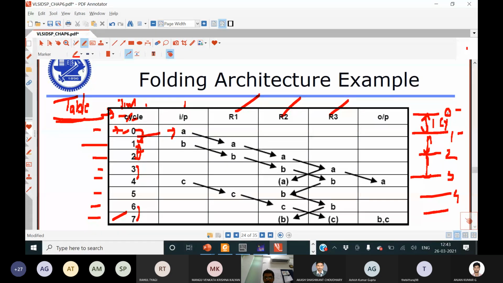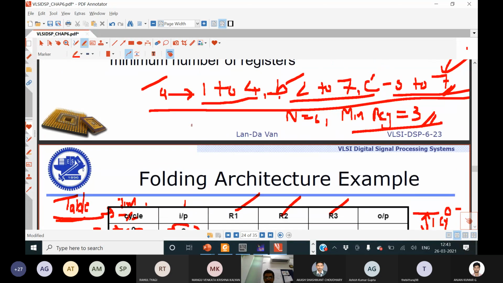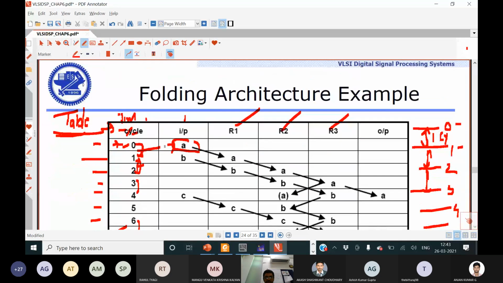Now from 0 to 1, only A exists, because A's life is 1 to 4. So A exists for time scale 1, 2, 3 and 4. Now what you need to do is forward backward allocation, and you need to understand this procedure.